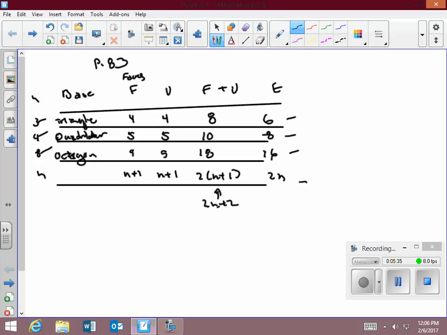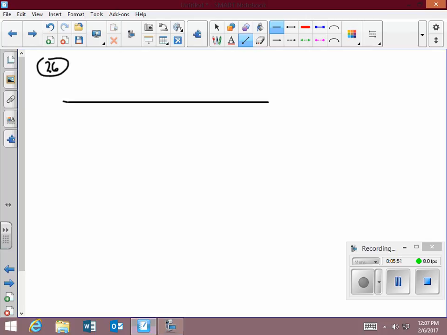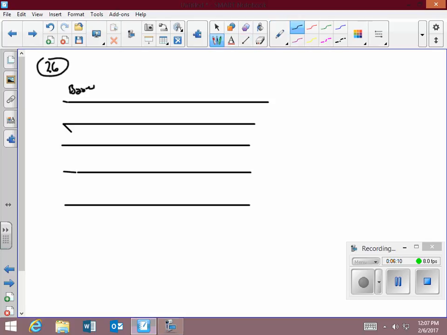an antiprism on 26. So this is the same thing, faces, vertices, and the edges.